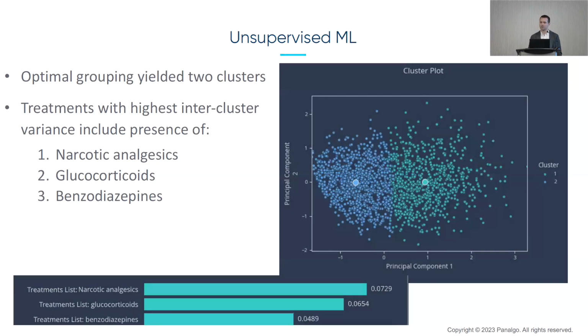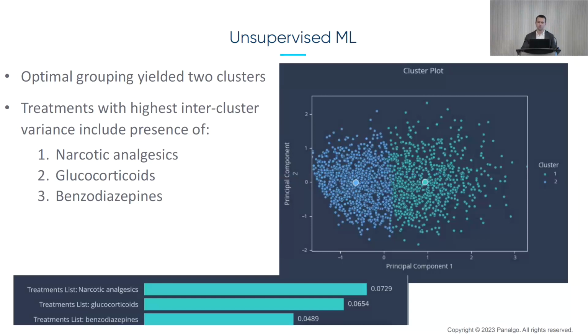So the optimal cluster yielded 2 groups. This was based on the silhouette coefficient, which you can compare different cluster methods with to see what the best separation is. And the treatments that were defining these cluster assignments were narcotic analgesics. So this included opioids as well as opioid combinations, glucocorticoids, and also benzodiazepines.